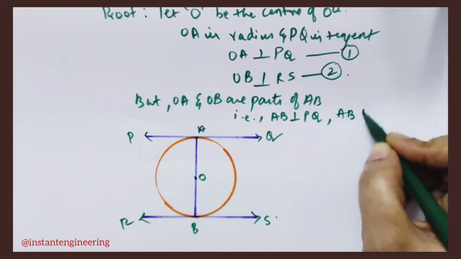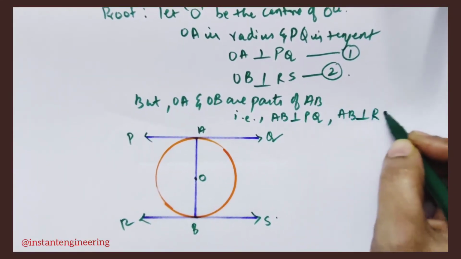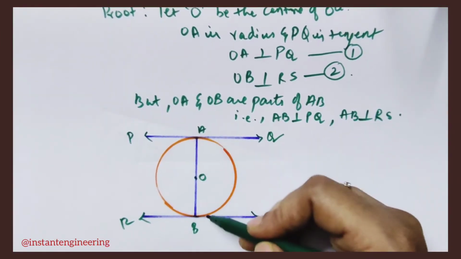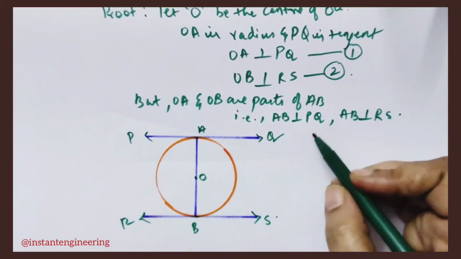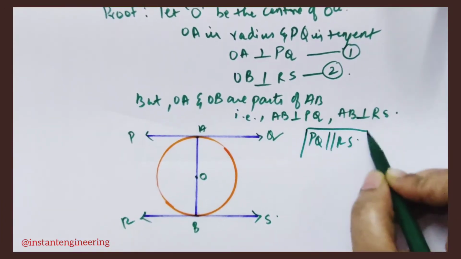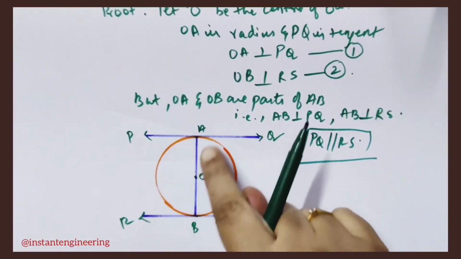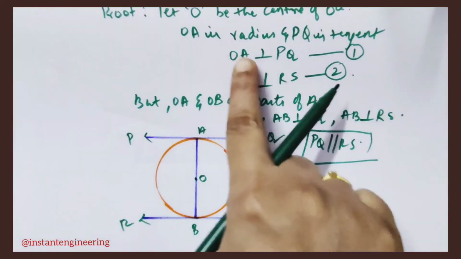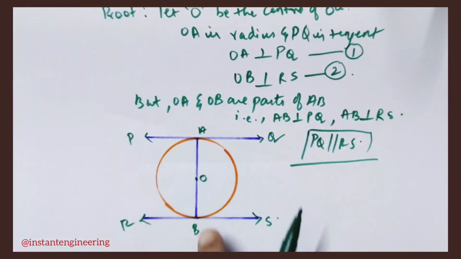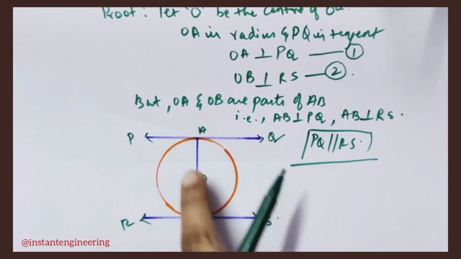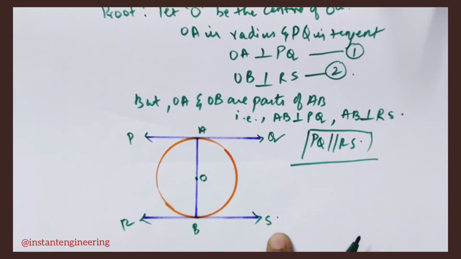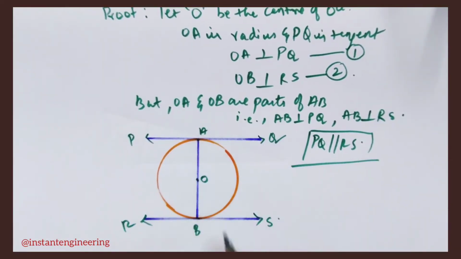And AB is perpendicular to RS also. If these two are perpendicular to the same line, that means PQ is parallel to RS. That is what we were told to prove. These two are the radii, and they are perpendicular to PQ and RS. These two belong to the line segment AB. That means AB is perpendicular to PQ and AB is perpendicular to RS.